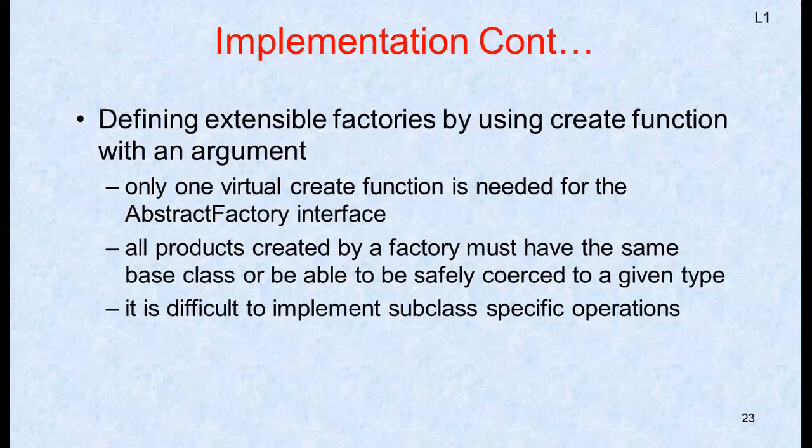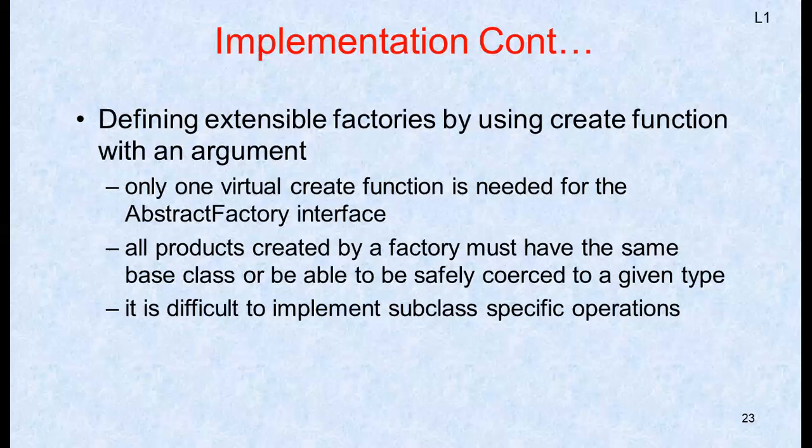But even when no such coercion is needed, an inherent problem remains: all products are returned to the client with the same abstract interface type. So the client will not be able to differentiate or make safe assumptions about the class of the product.